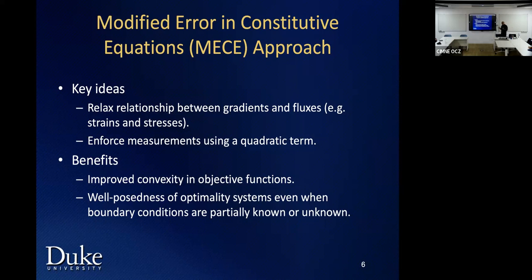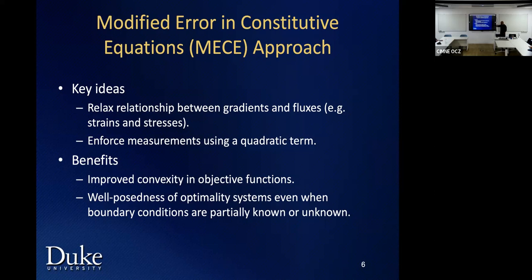So you will see that I get to a mixed field formulation in the end. And we are going to enforce the measurements not as strongly as Dirichlet conditions, but through a relaxation, like a quadratic penalty term. It could be done in many different ways. We're going to stick with the quadratic penalty terms.